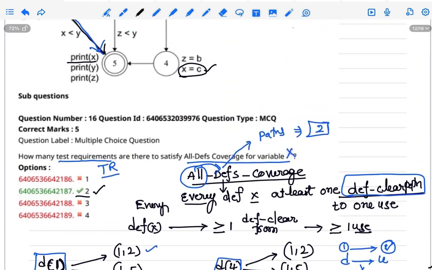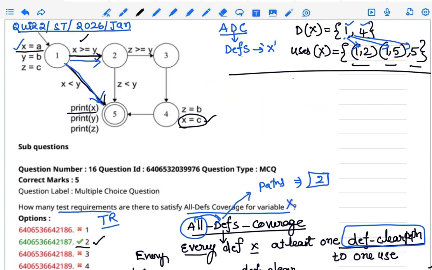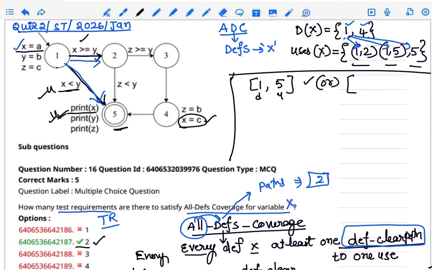First, x is defined at node 1 and used at node 5, so one definition and one use are covered. Here print x is a use and x less than y is also a use, so covering at least one use is okay.